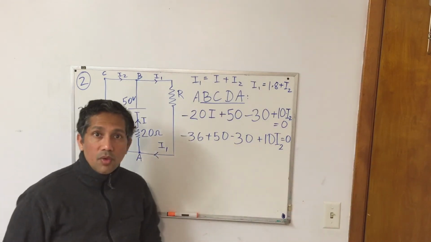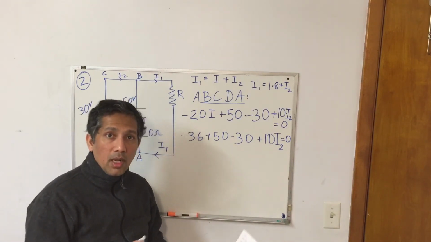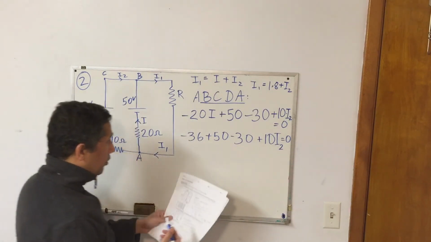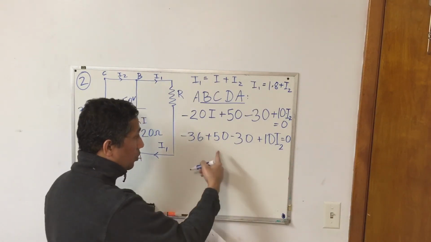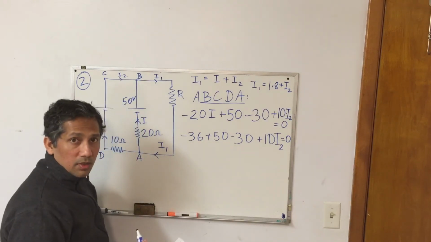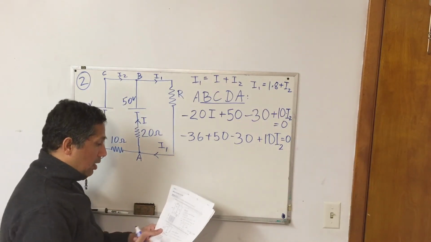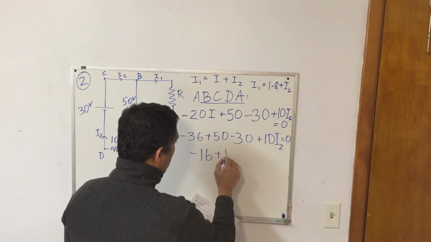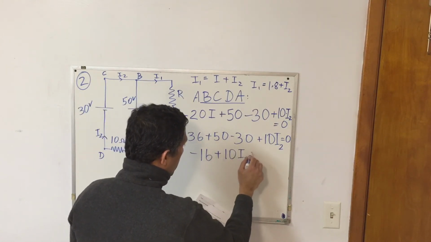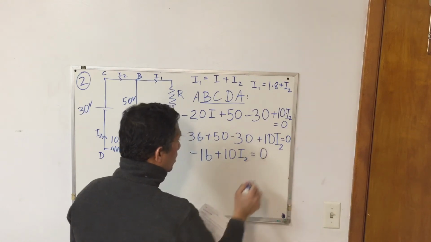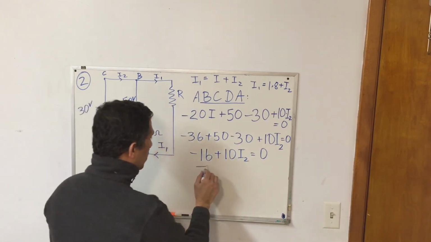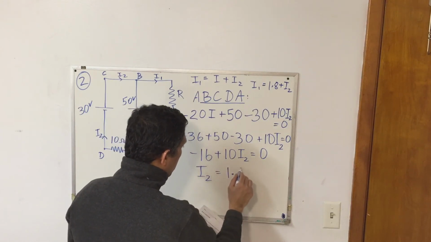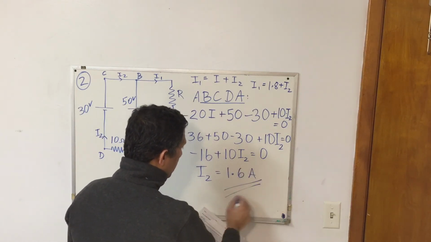You following me? If not, feel free to pause the video, go back and listen again. Simplifying, minus 36 plus 50 is 14, and 14 minus 30 is negative 16. So I have negative 16 plus 10 times I2 equals 0, which gives the current I2 as 1.6 amperes.